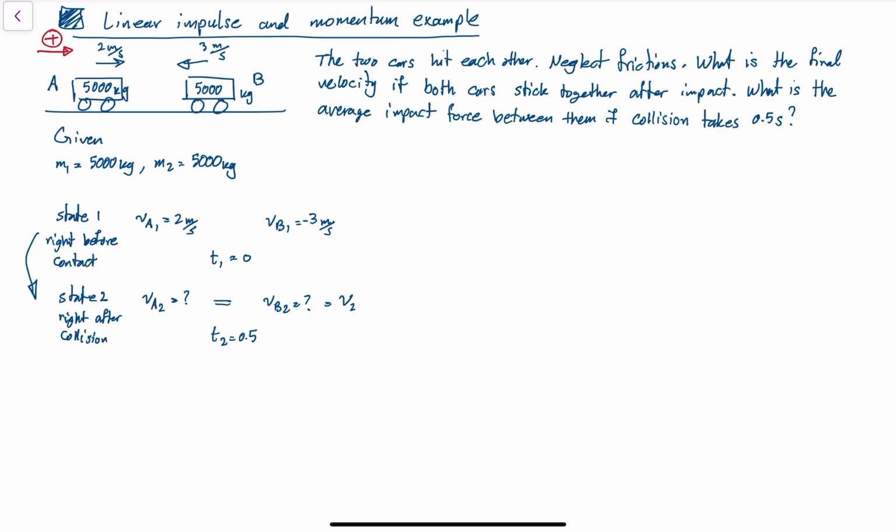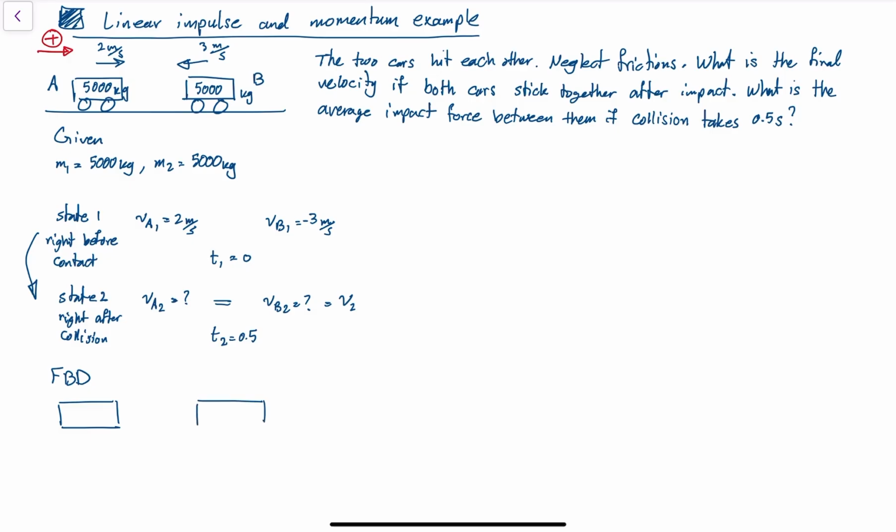I need to look at forces. So let's do a free body diagram of two cars. Before collision is boring. There is no real useful information there. After collision, we don't care. Everything we care about is during the collision.